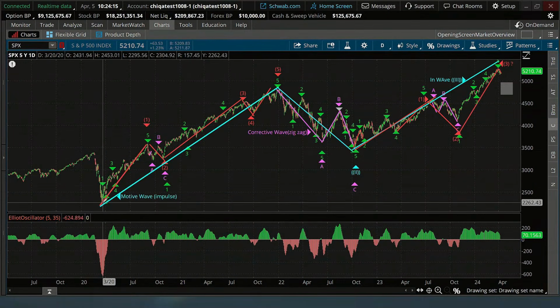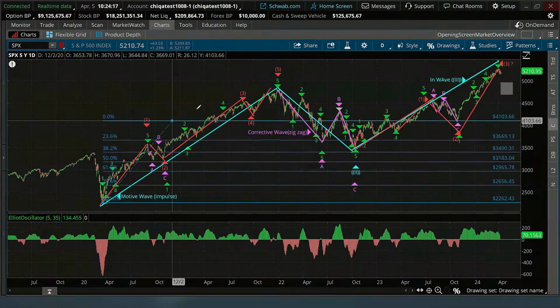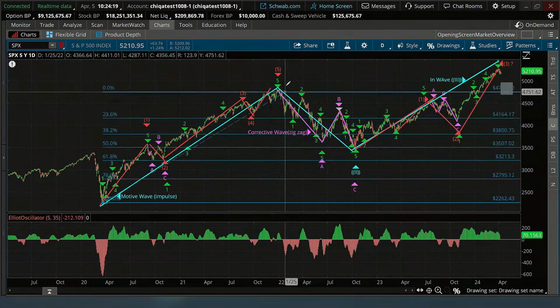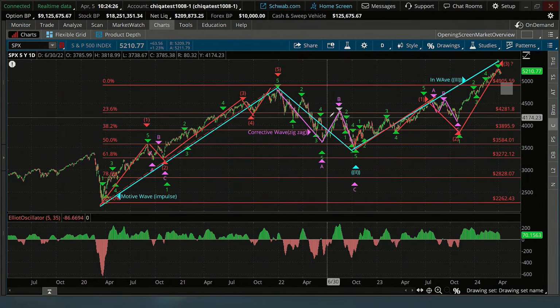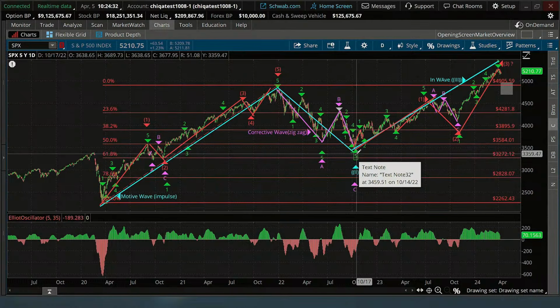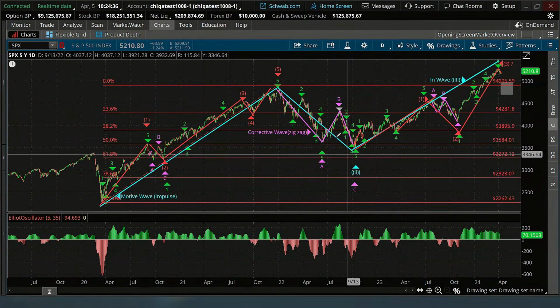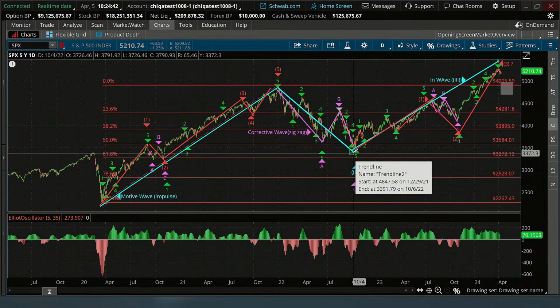So we're going to start here, go up to here, and look where the corrective wave ended up, right around the 61.8% level. So that is also confirming that this corrective wave was a pretty deep one, but it tells you about where it's going to stop.